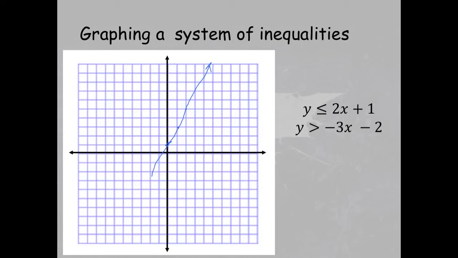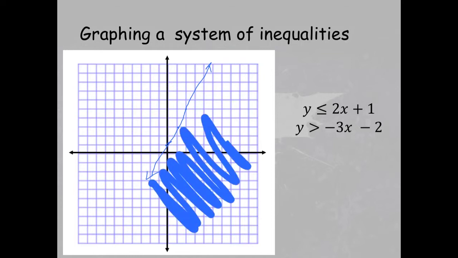Not the best line, but I'm drawing with my finger on an iPad, so give me a break. Okay, so now we have a less than, so we're going to shade below. And I figured out how to make the pen tip a little wider so we can make our shading look better. So we're going to shade below. Isn't that beautiful?